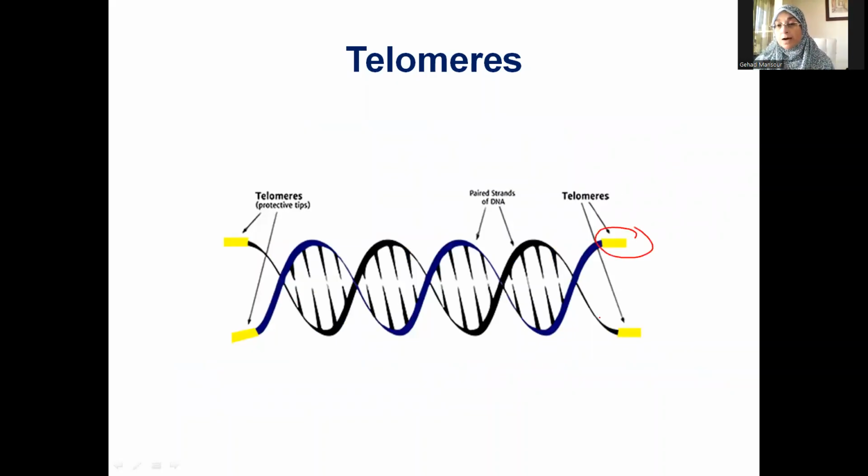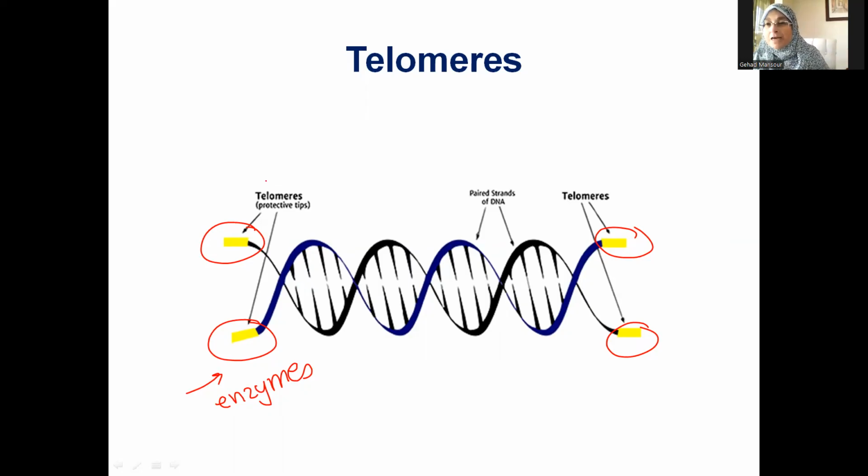So see here how the telomeres are protective tips. Why are they protective? Because there are cytoplasmic enzymes that break down the telomeres with every cell cycle. So why does this occur? Because every cell should have a certain age, okay?